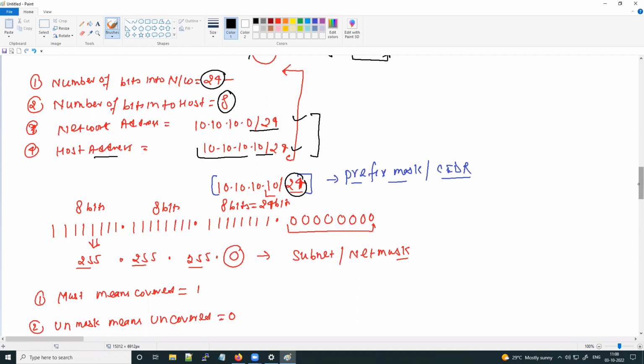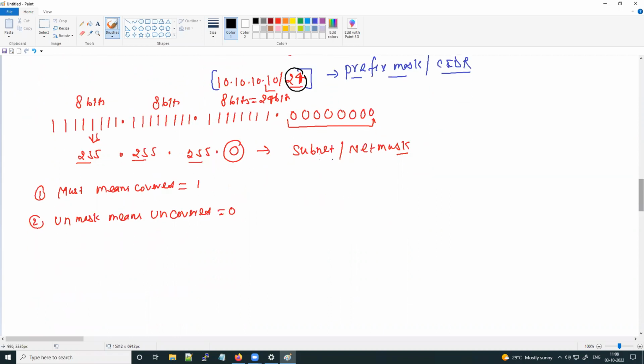Another way to represent the IP address is the net mask or subnet mask. In that, we make all the network bits 1, then host bits 0. So it becomes 255 here, 255 here, and 255 here, because 8 plus 8 plus 8 is 24, and we have 24 bits on the network side, and the rest of the bits go to the host side.